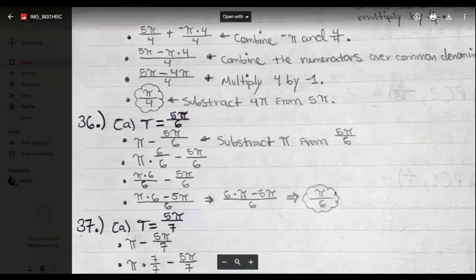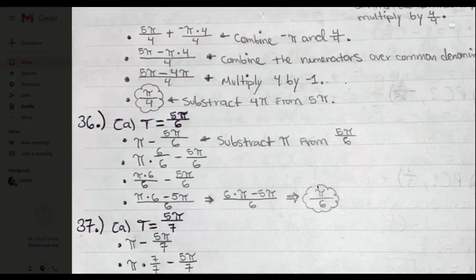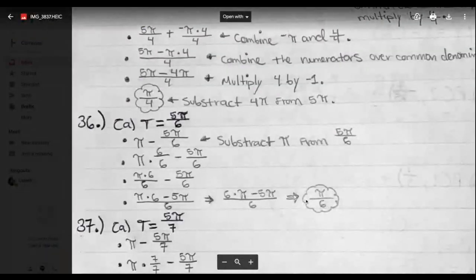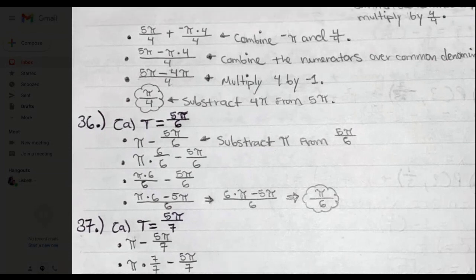We don't have to put the 1, so we just put pi. And the denominator always stays the same. It doesn't change at all. And so it becomes pi over 6. 6 pi minus 5 pi is 1 pi over 6. Usually we don't write a 1, so 1 times pi is just pi.